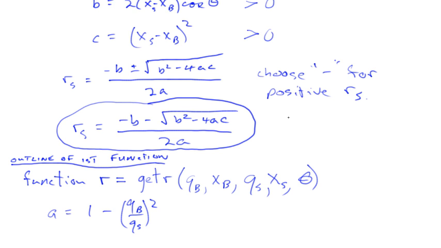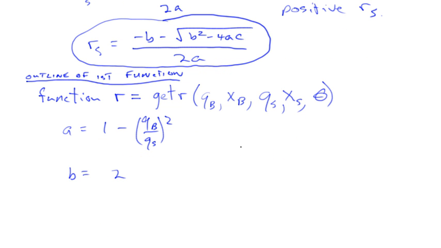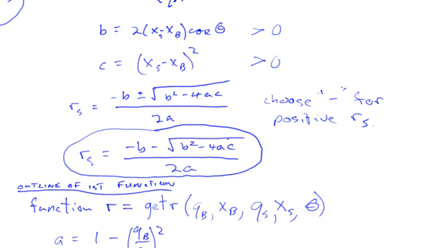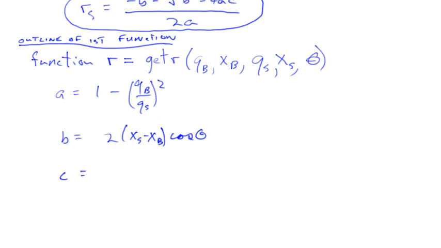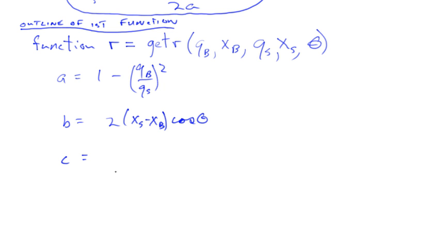And then 2 times XS minus XB all times the cosine of theta, and C is equal to XS minus XB quantity squared.